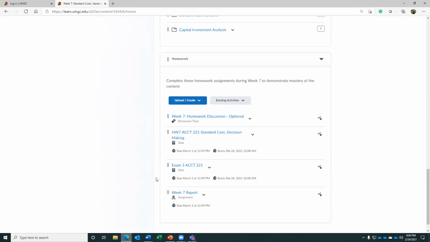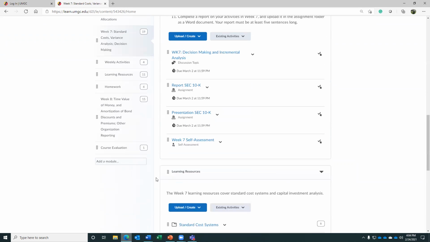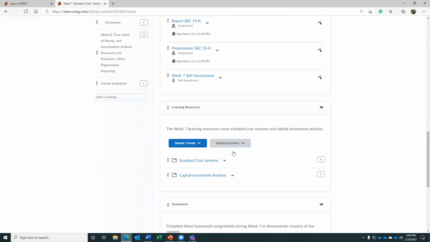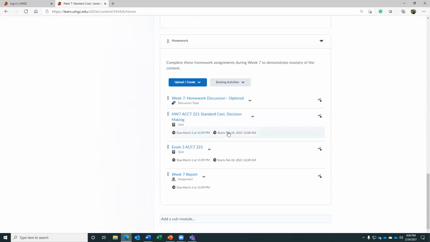So it's essential that you get started as soon as you possibly can in the submission process. I recommend that you wait to complete exam 3 until after you have completed homework 7.